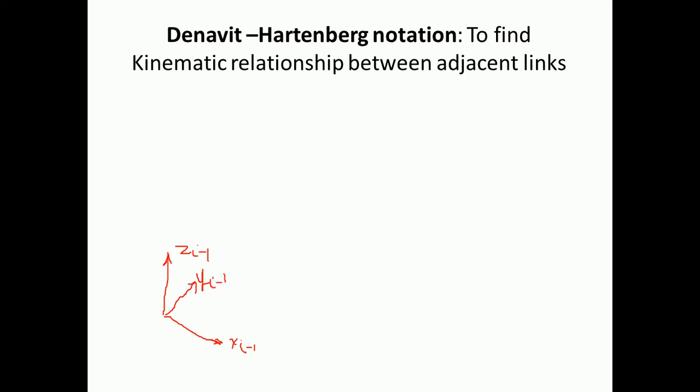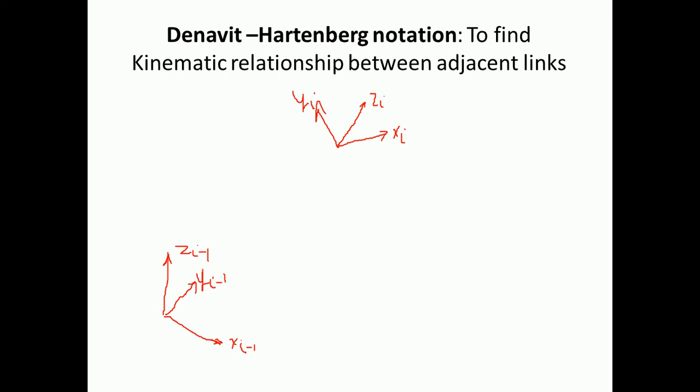Okay. Now after translation and rotation, this frame got a position over here, and this axis is represented by xi, this is represented by yi, and this is represented by zi. Okay.